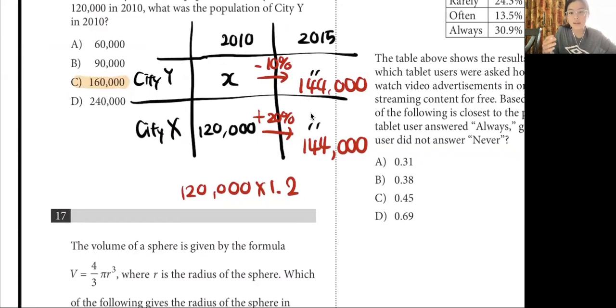So minus 10%. If you want to subtract 10% of whatever city's 2010 population value, you need to multiply that population value by, now this is a tricky part, we don't do any 1.1 anymore or 0.1.